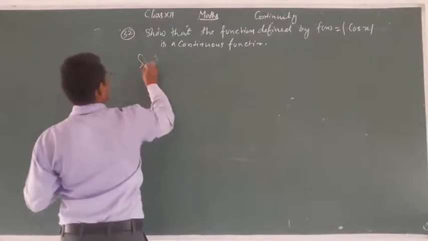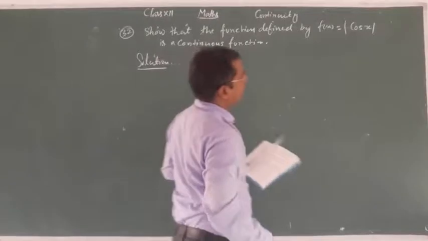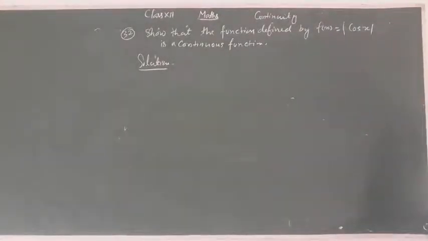So now solution. f(x) is equal to cos mod x.